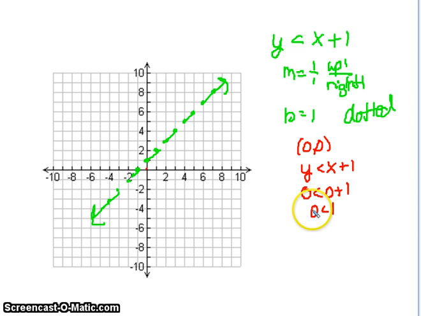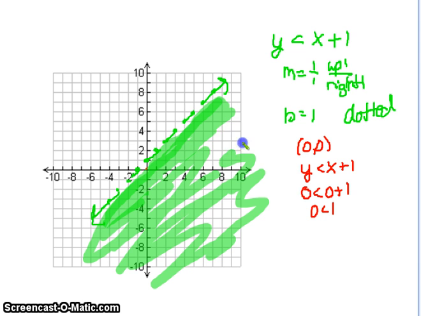So we're going to shade. Yay! Now, you also can see on your paper that our second inequality is 3x plus 4y is greater than or equal to 12.